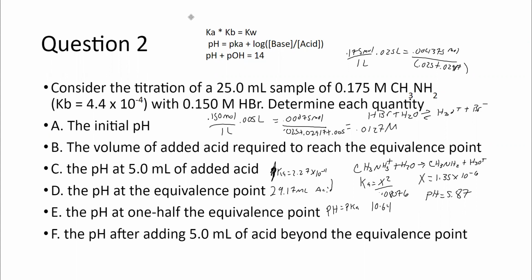So the pH is 1.897, and then rounding up, 1.90. So again, we asked, does this make sense? We're just adding acid, so the pH should be low. And that's problem 2.